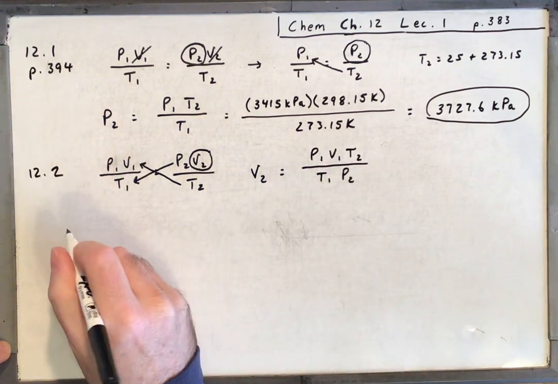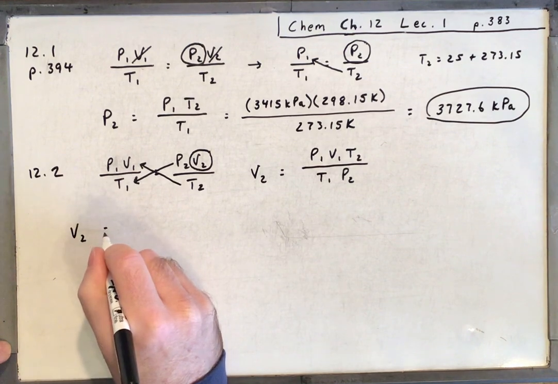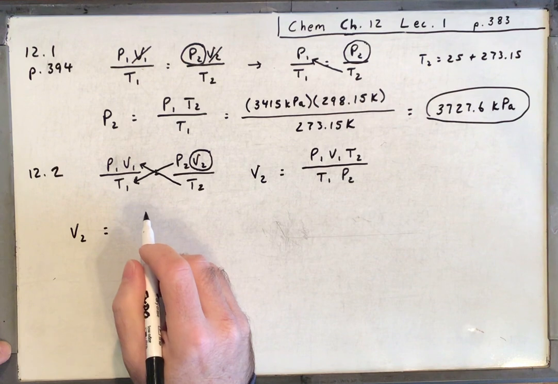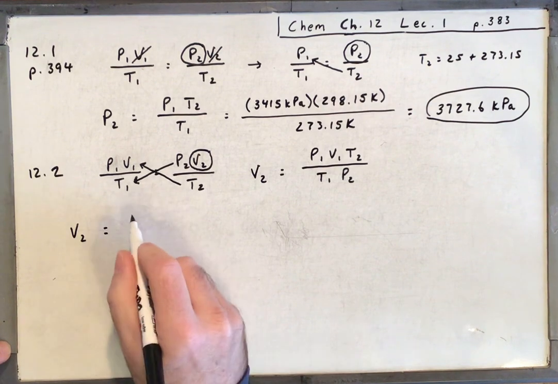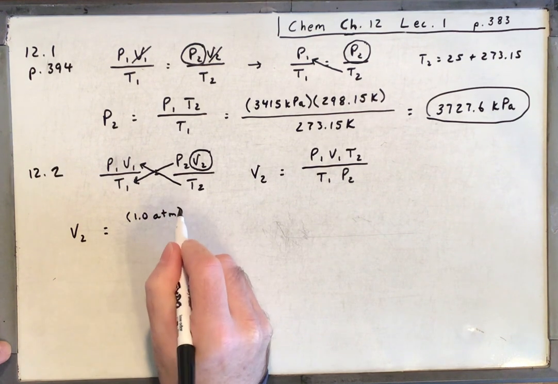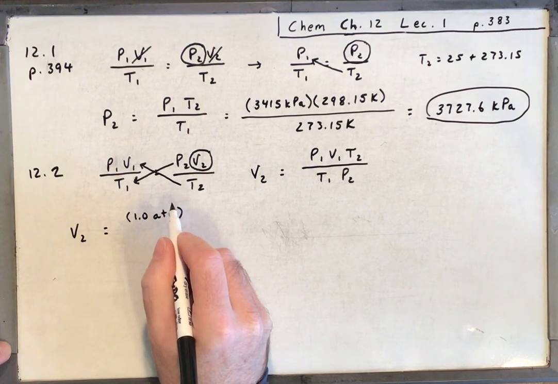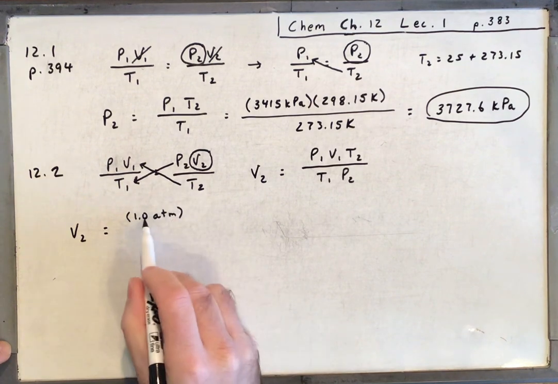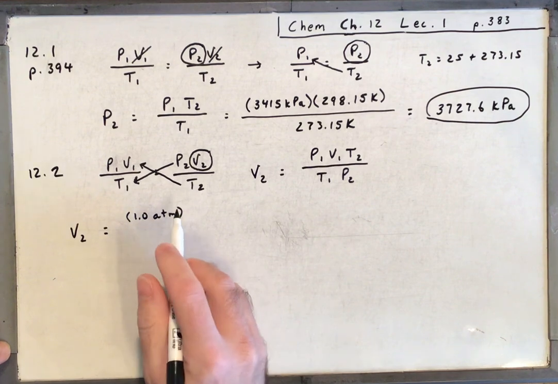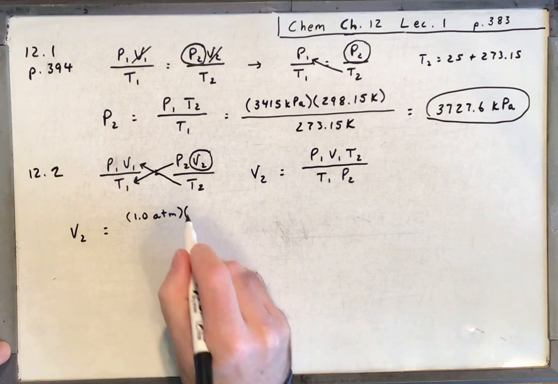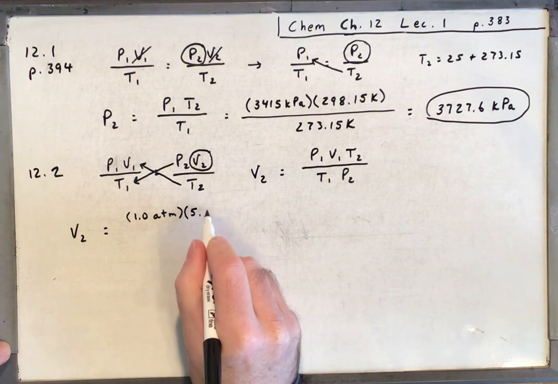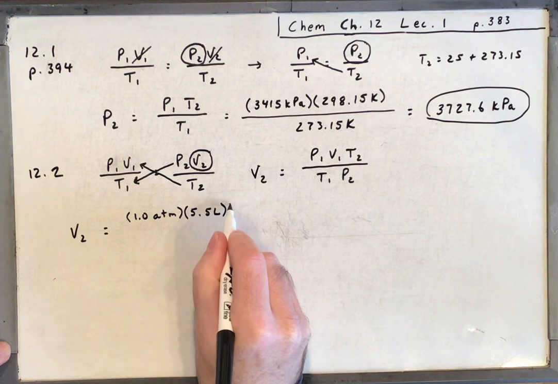Now we just have to be careful and plug in the right numbers from reading the problems. P1, our initial pressure, is 1 atmosphere. But we're going to need to change that. I'll do that in a minute. Okay, we're going to need to change that to torr. Okay, but we'll fix that in just a second. Our initial volume of the lung is 5.5 liters.